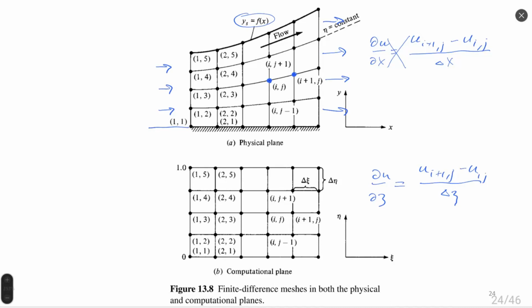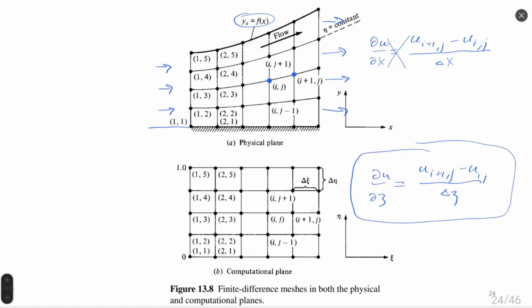So first, before solving our equation system, transforming it to an algebraic equation system, we must do transformation of the coordinate system. After we transform the coordinate system, we can easily rewrite our derivatives inside equations in a simple way.